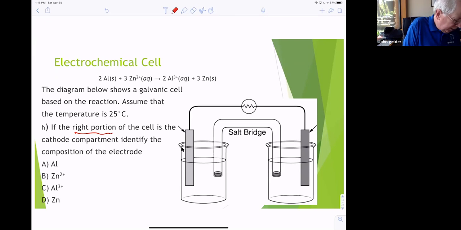And so this needs to be zinc. The anode we had as aluminum. So we had aluminum ions and nitrate ions in the anode compartment. And so the cathode material needs to be zinc.